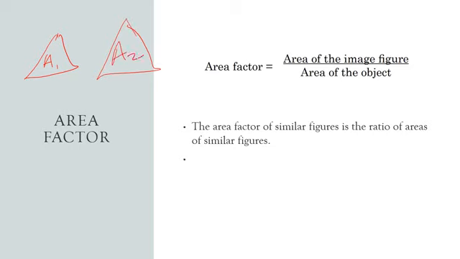To find the area factor is very simple. It's just the ratio, area A2 divided by A1. So you find the area of the bigger object, you find the area of the smaller object, then you find the ratio of those, and that should give you the area factor.